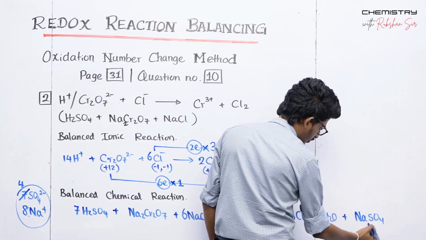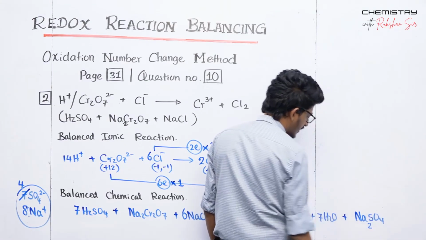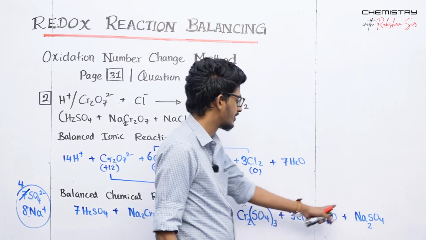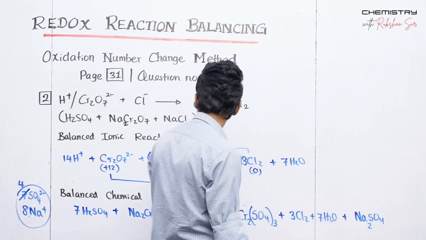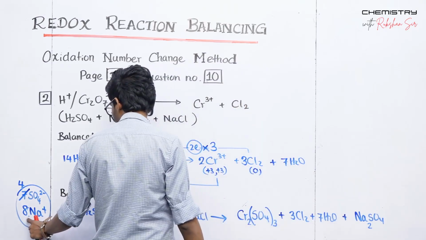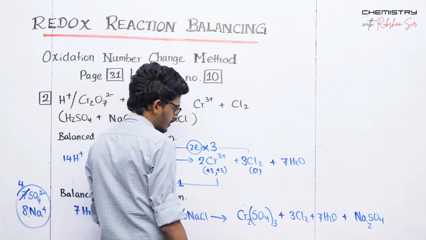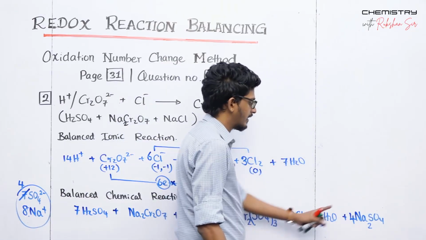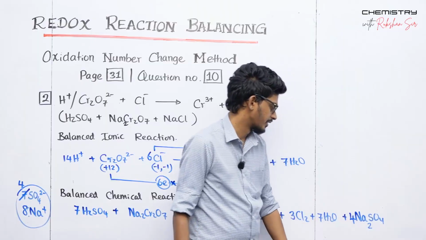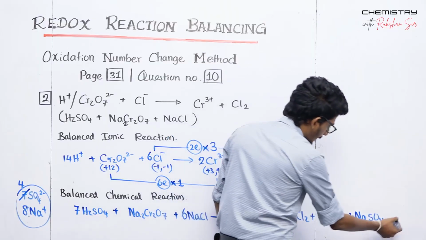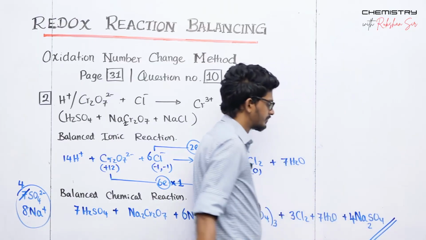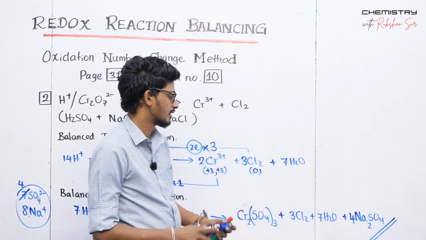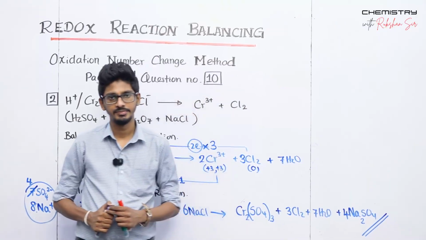For 2 minus, so 2 comes here in Na plus, right? And how many sodium sulfates are needed here to balance the stuff? So you have 8 Na pluses and 4 sulfates, so 4 sodium sulfates will provide the 8 Na pluses and the 4 sulfate ions, right? So this is your balanced chemical reaction, right? No, that is question number 2, right? Just complete the stuff.